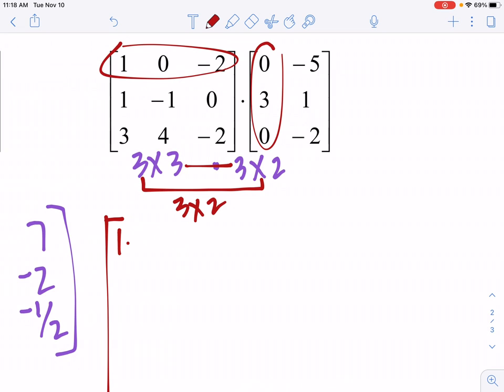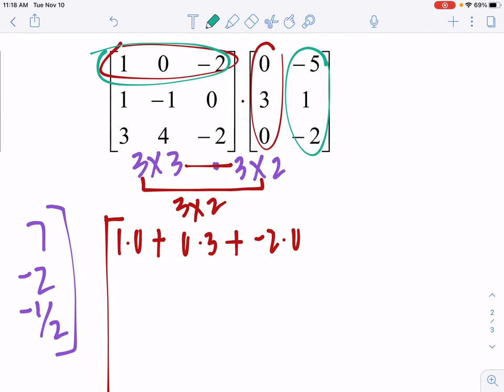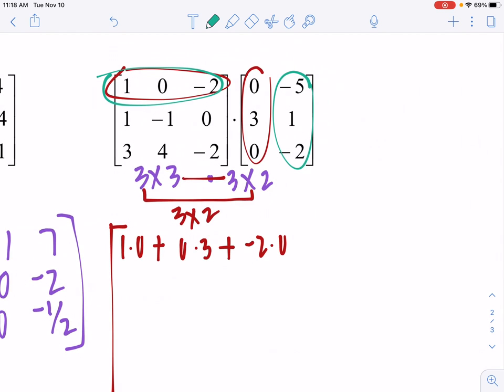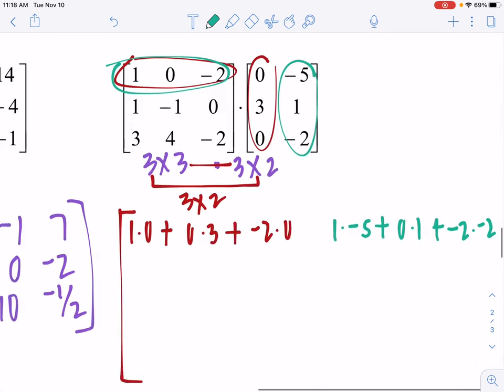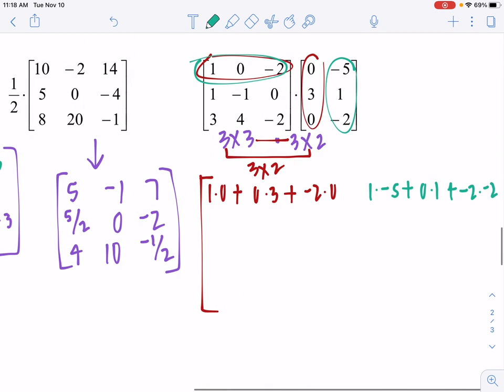Okay, 1 times 0 plus 0 times 3 plus negative 2 times 0. Then the next one's going to be this times this. 1 times negative 5 plus 0 times 1 plus negative 2 times negative 2. Ooh, I'm right on the edge, sorry.